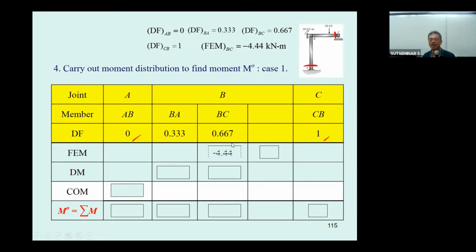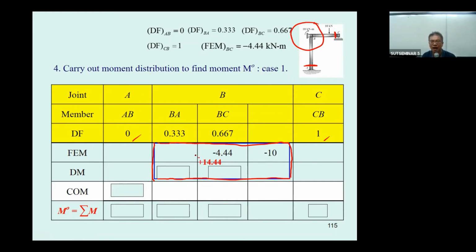And then the fixed end moments are minus 4.444 and minus 10. And then we have the equilibrium at point B. We have the 10 kilonewton meter and 4.44. For the total to be in equilibrium, we require plus 14.44.